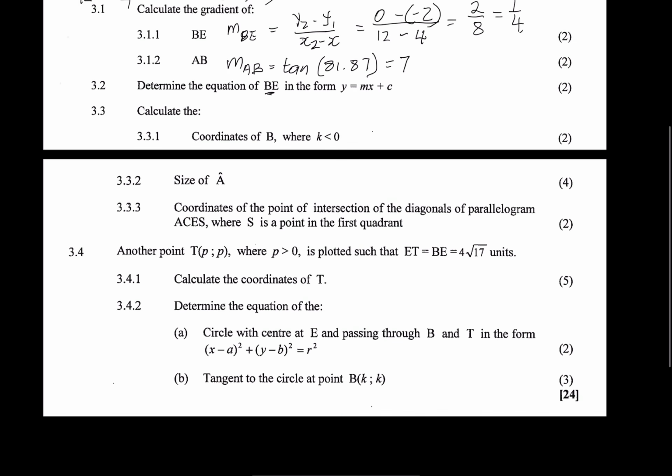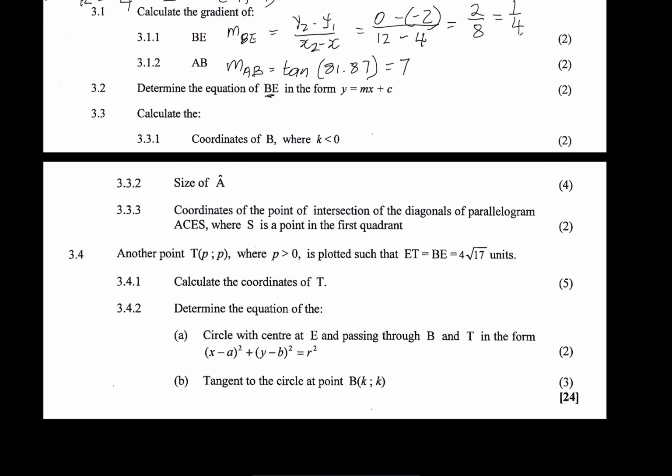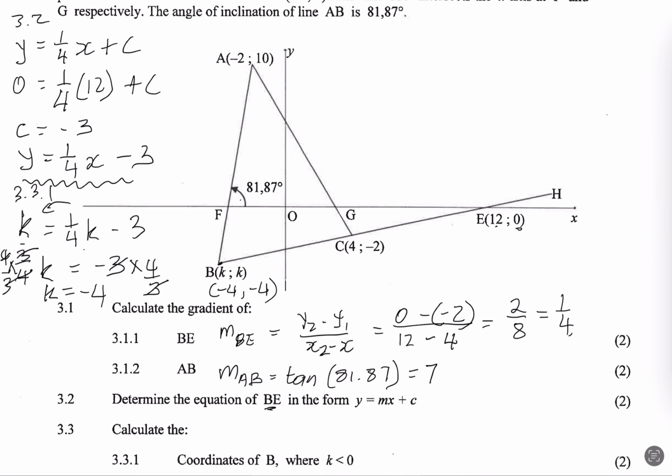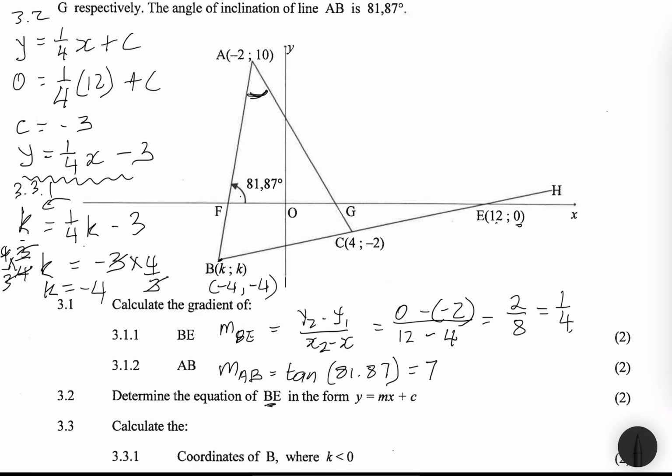quickly, they say to us on the next one, calculate the size of A. Now, going back to our diagram, A is that angle over there, right? Now, I'm going to work with triangle AFG.